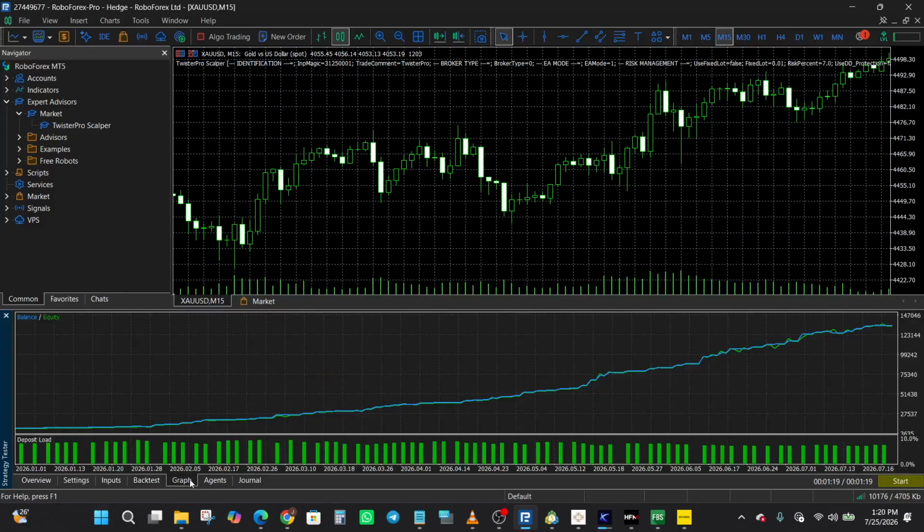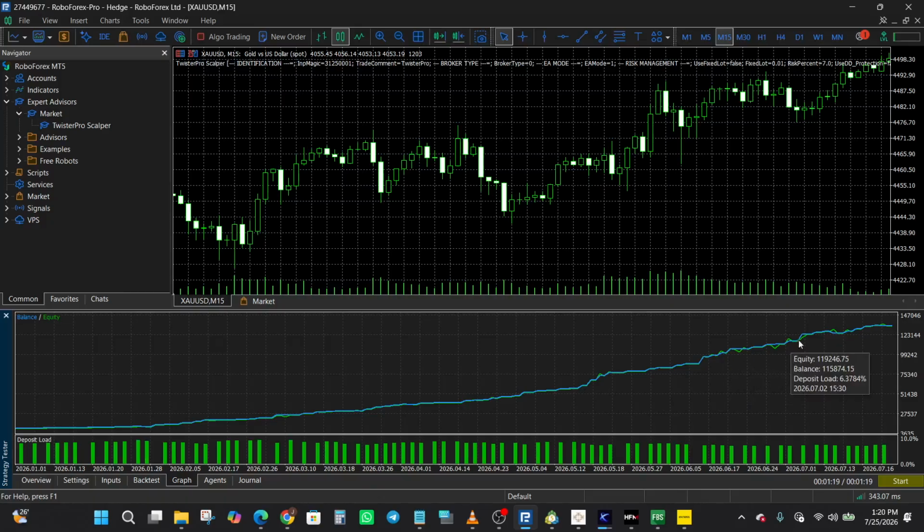Now let's just briefly look at the equity curve. This looks pretty interesting. The equity and balance are very tightly close to each other. We can see that there were no significant sharp drawdowns. The equity and balance are just moving hand in hand.